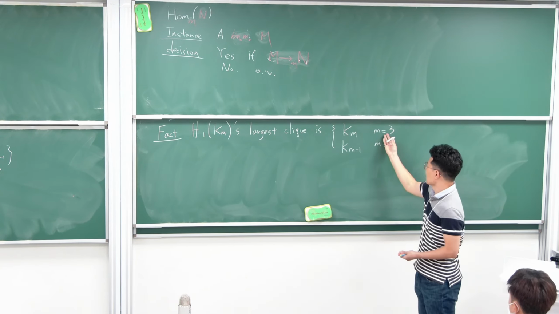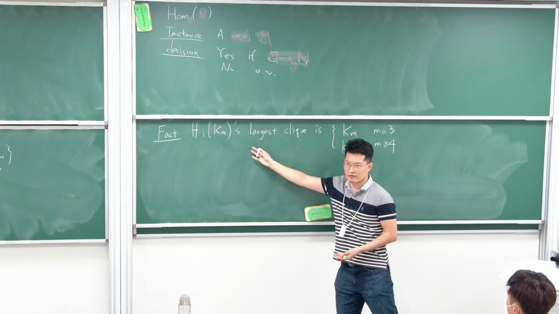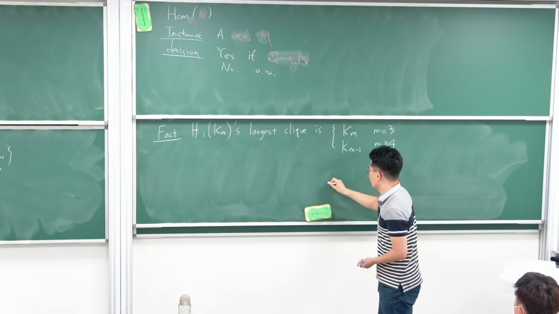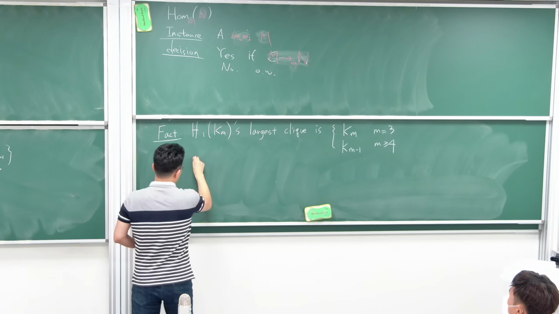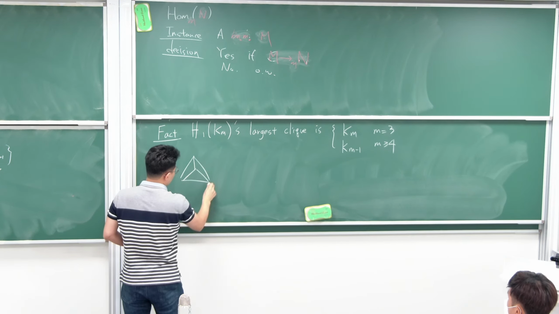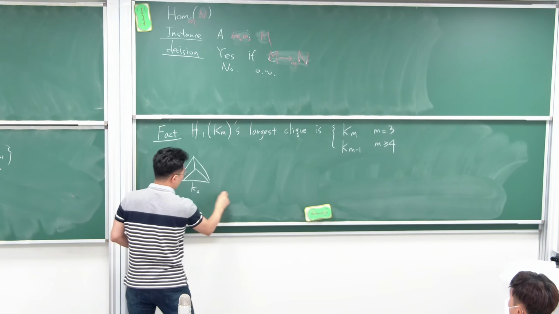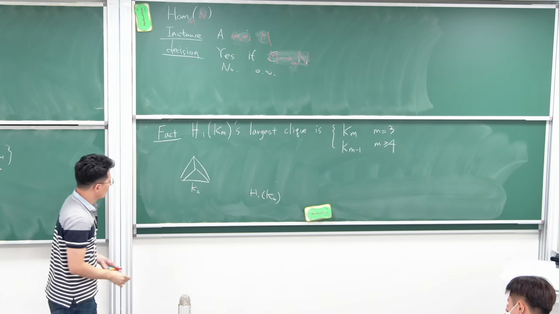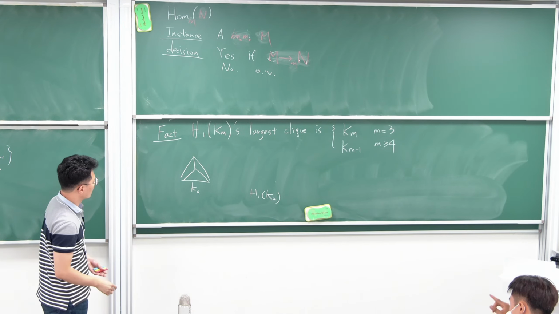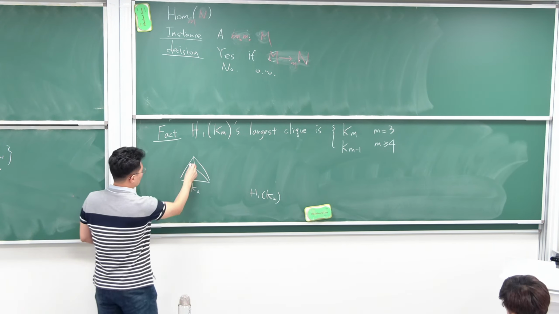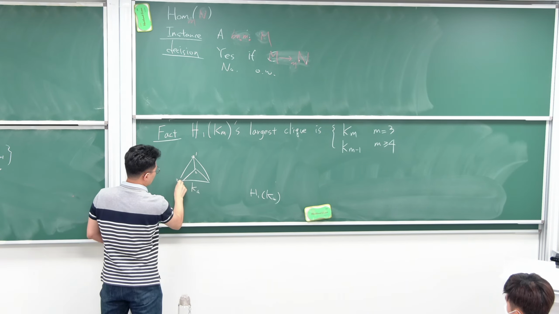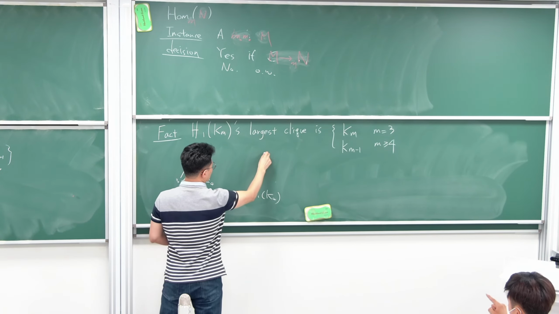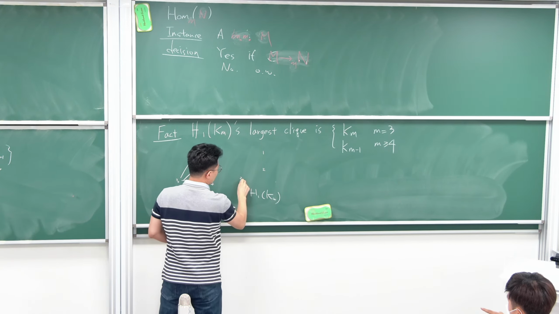So actually for m equal to 3, H1 of K3 is K3, and for K4, let's say, this is K4. How can you draw this? So 1, 2, 3, 4.